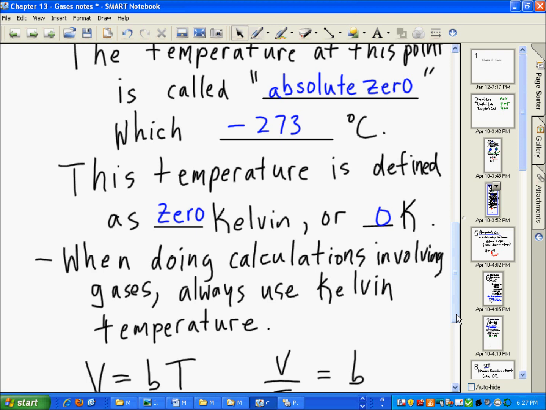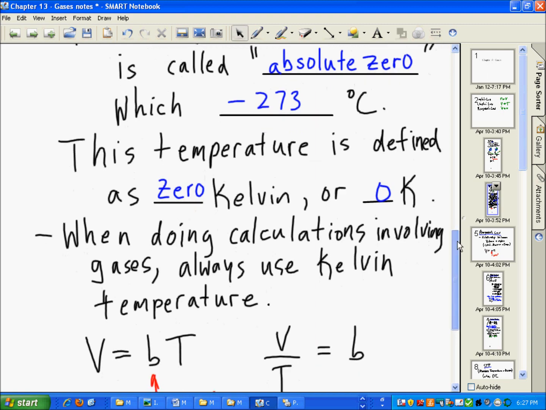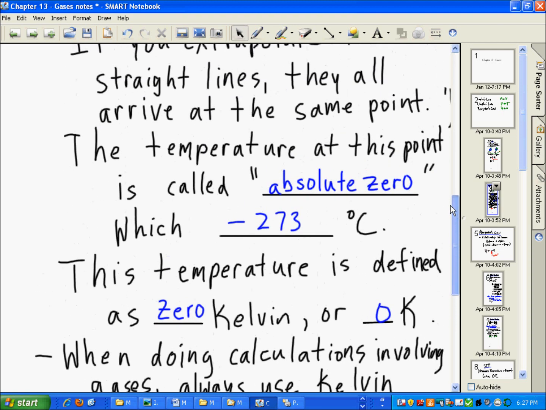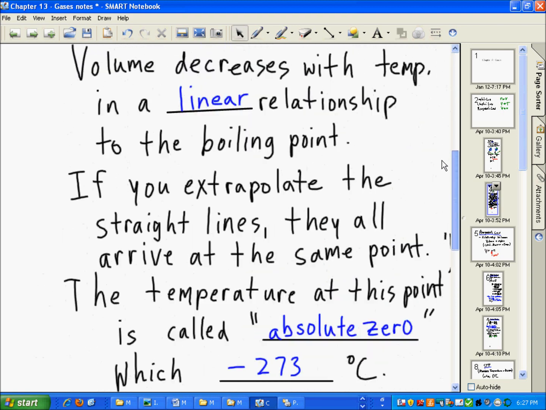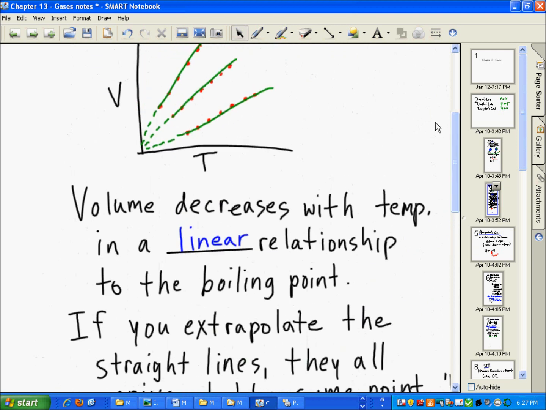But a kelvin is the same size as a degree. You can't actually measure absolute zero because gases will turn into a liquid before they get there. So you have to estimate it by extending the experimental line.